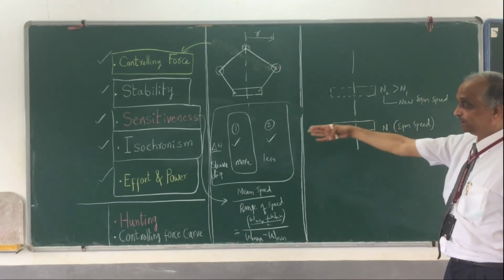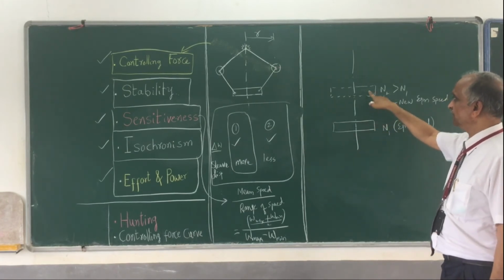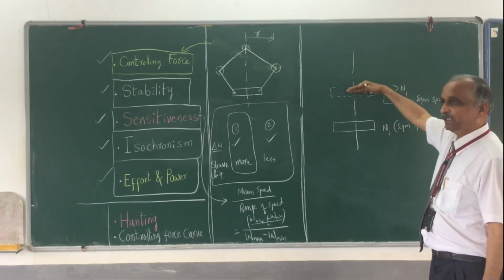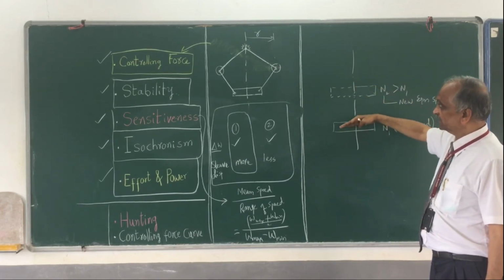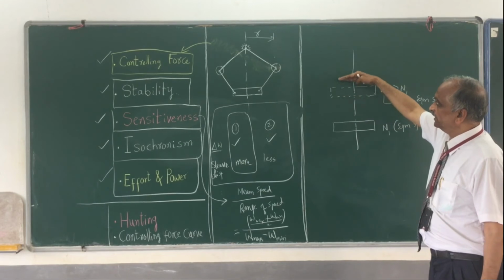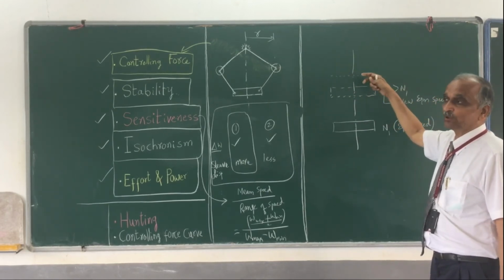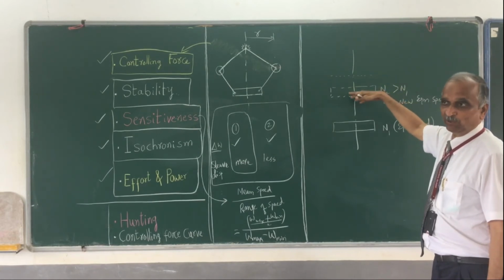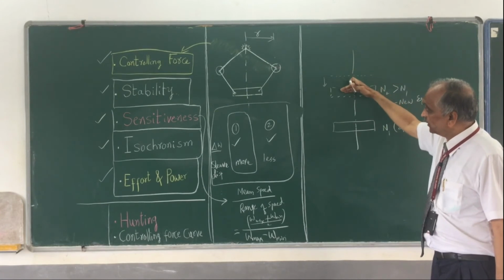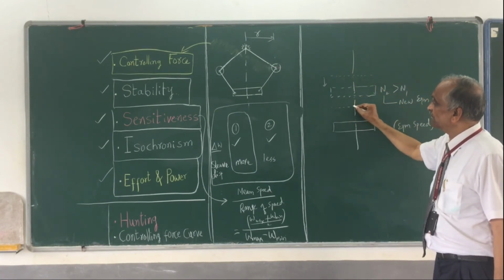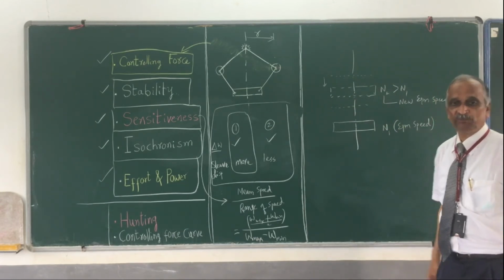But what is happening in hunting? When the speed changes from N1 to N2, this is the final new position. But when the sleeve starts moving up, it doesn't stop here and probably comes up to here. Then it comes to know that it has missed the equilibrium position, starts going down, crosses it again and probably comes up to here.